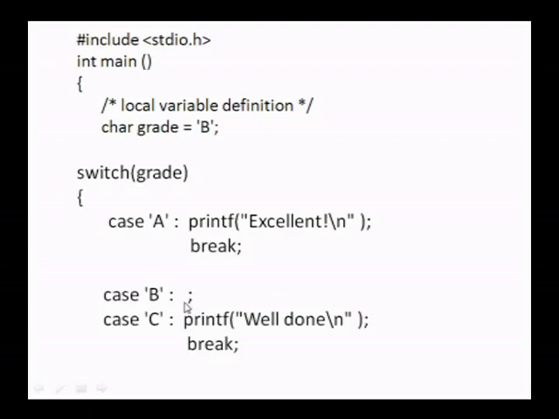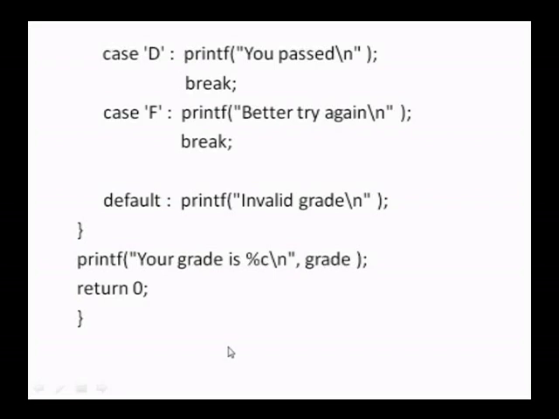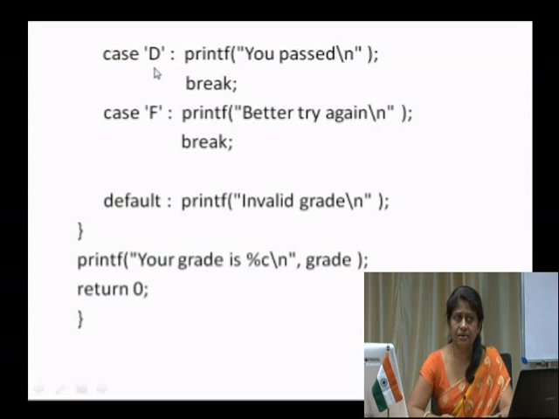So, what happens, the control will be transferred to the next switch case, and it says under this, even though the expression is not matching with this case, the statement corresponding to that would be executed. So, here you have a printf well done and it breaks, and the program is going to be continued with other switch values like this with D and F, and we also have a default block which says printf invalid grade.